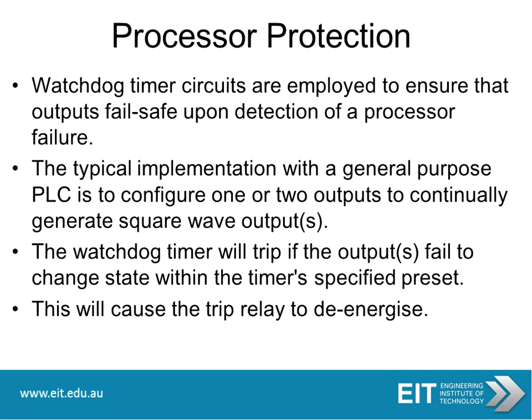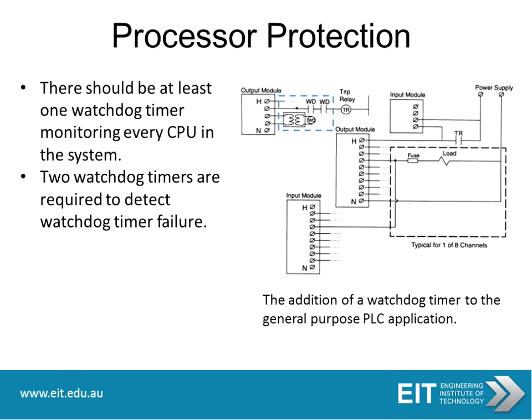Then we also have processor protection, where watchdog timer circuits are employed to ensure that the output fails safe upon detection of a processor failure. So your typical implementation with a general purpose PLC is to configure 1 or 2 outputs to continually generate square wave outputs. Your watchdog timer will trip if these outputs fail to change state within the timer's specified preset, and that causes the trip relay to de-energize.